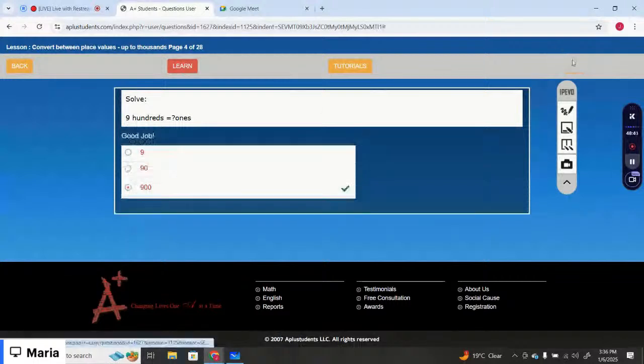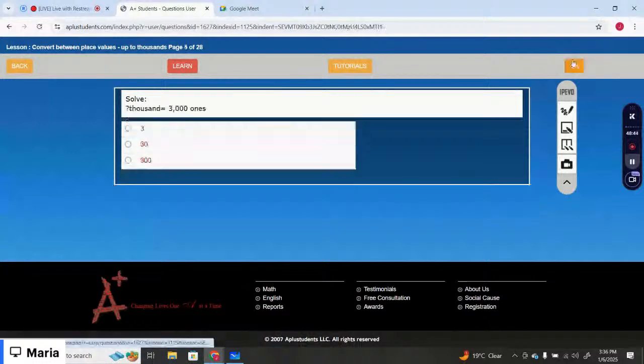The correct option is 900 ones. 3,000 is equal to how many? 3,000 ones equal how many thousands? 3,000 ones equal 3 thousands. The correct option is option number one. That is 3 thousands.